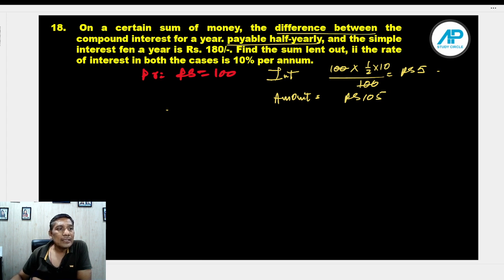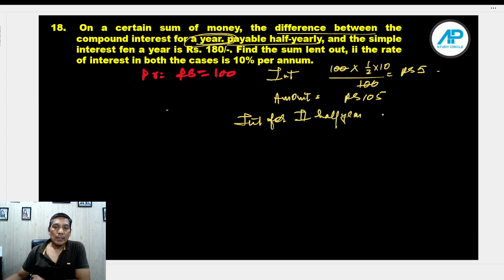Total time: the difference between the compound interest for a year payable half yearly. For a year is an important point here. Year means 2 half years. So again, find the interest for the second half year. 105 into 1 upon 2 into 10 upon 100.